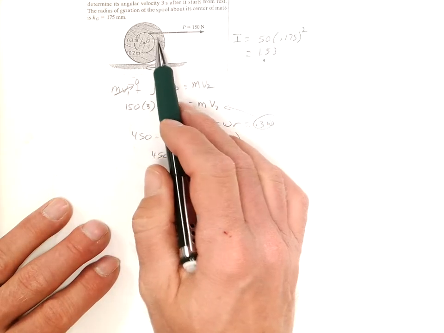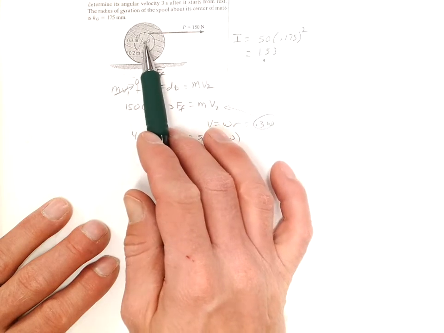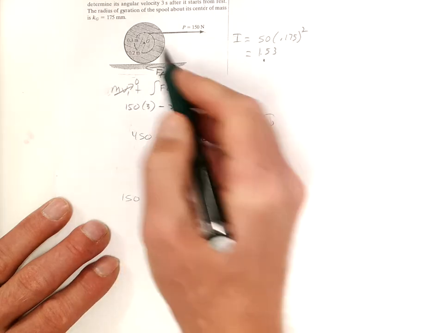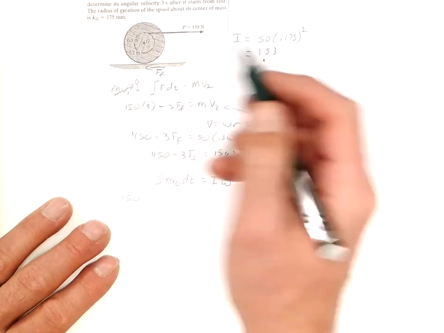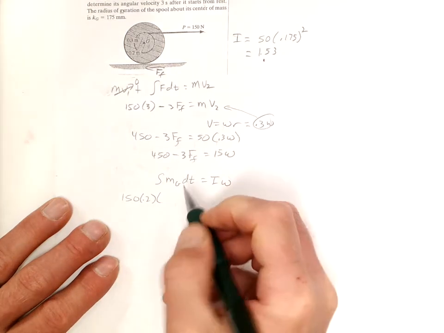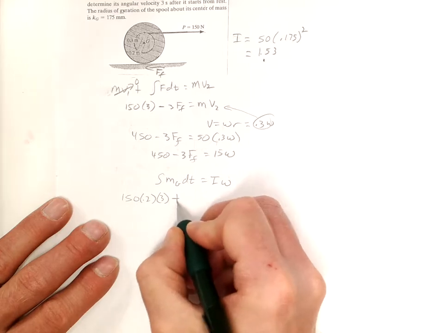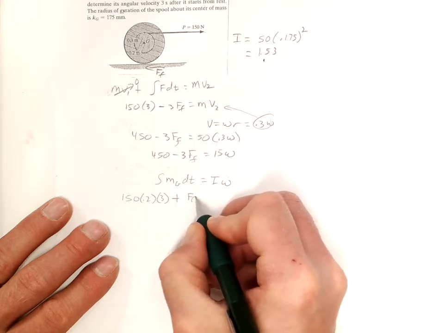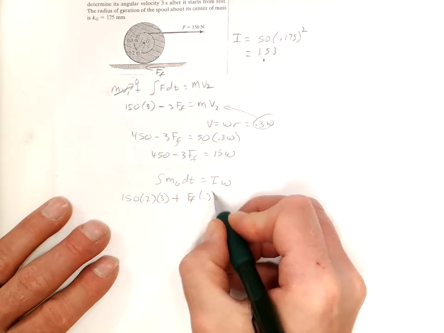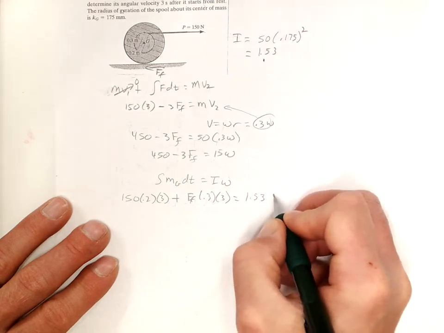Now the moment is caused by the force of friction and P, because they both have a distance from G. So 150 times 0.2, the distance, times the time, 3 seconds, plus the force of friction times the distance, 0.3, times the time, 3, is equal to 1.53 omega.